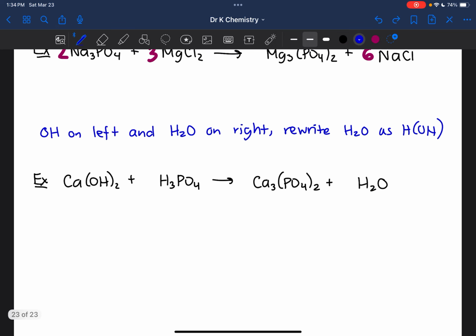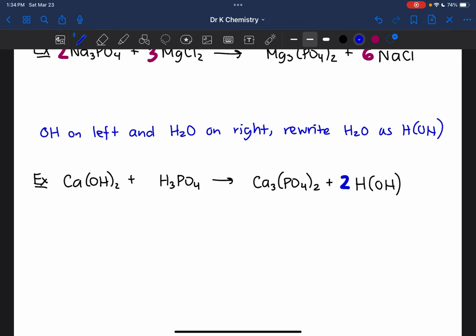What I'm going to do is erase that and rewrite it as HOH because that will make the process a lot easier. Now I can treat this as a polyatomic and notice how you have 2 hydroxides on the left and only 1 on the right, which means I'm going to have to fix that by multiplying this by 2.